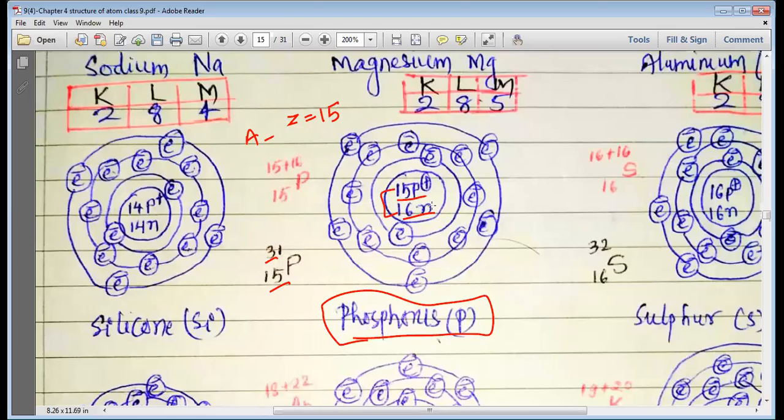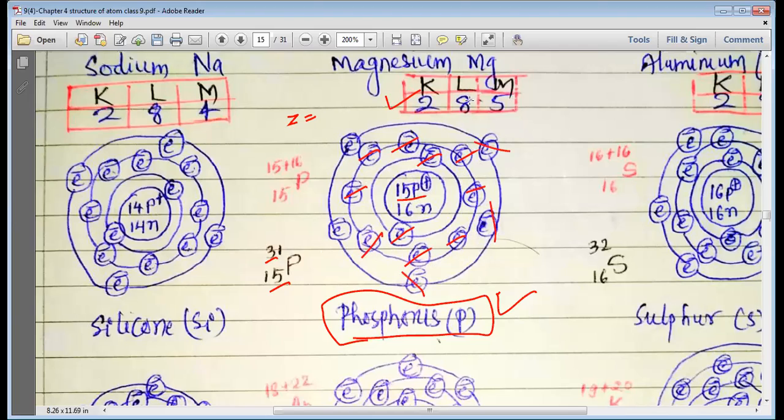Now, my dear students, when we look at the number of electrons for a neutral phosphorus atom, if we have 15 protons, then it will have 15 electrons. In the first shell, which is known as the K shell, you can see that it has 2 electrons, 1 and 2. In the L shell, it has got 8 electrons, 1, 2, 3, 4, 5, 6, 7 and 8. And in the M shell, let us find out how many electrons are there: 1, 2, 3, 4 and 5.